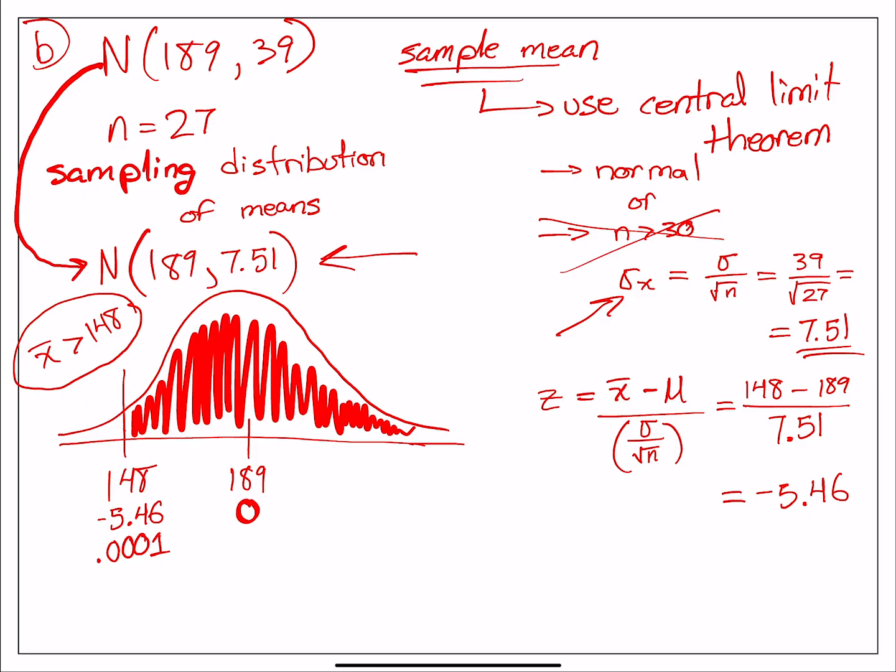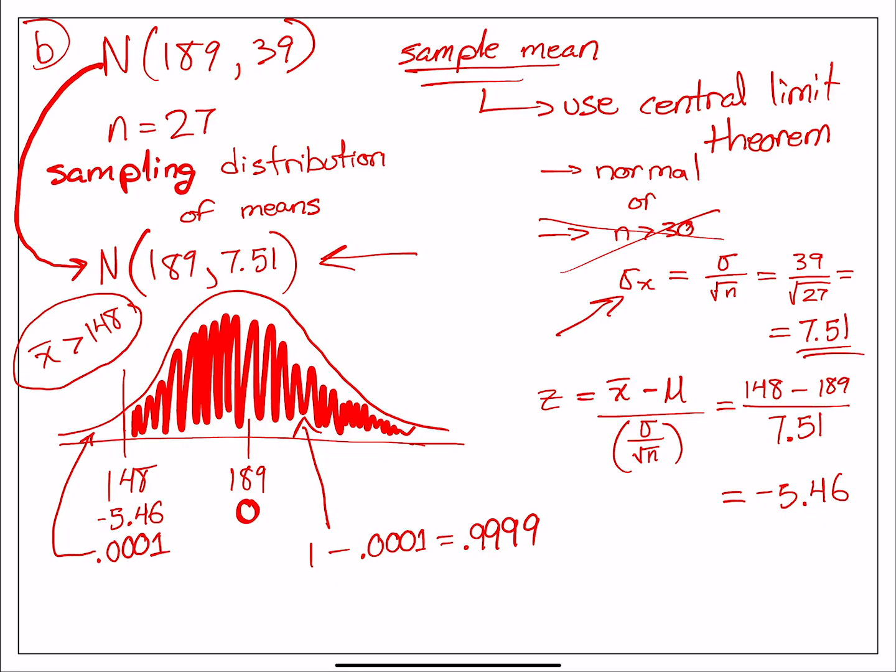Now, for that 0.0001, again, what is this probability? The probability we end up over here. But we wanted the probability that we end up on that side. So what do we need to do? 1 minus 0.0001. And what do we get? We get 0.9999.